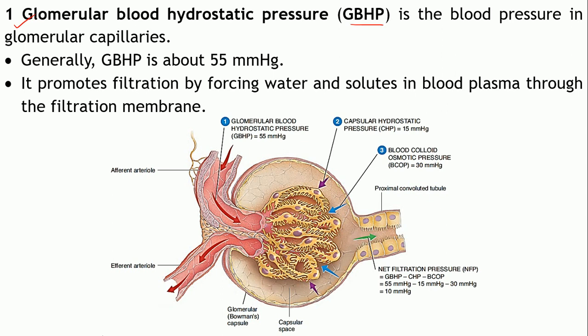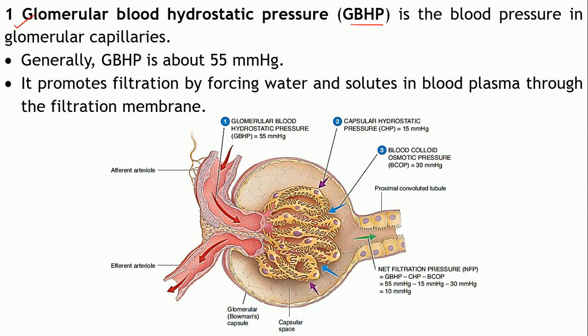So as the name implies, this is the hydrostatic pressure of the blood which is present in these capillaries. So blood which is traveling along your blood vessels, it exerts a pressure on the walls of the blood vessels, right? So that's the hydrostatic pressure of the blood which is flowing through these capillaries.